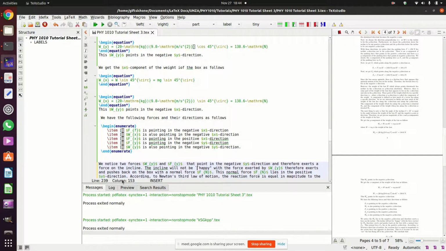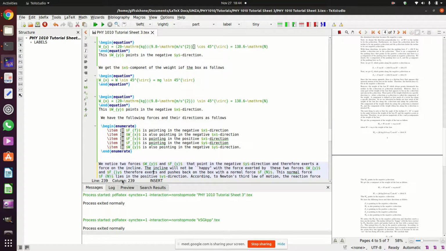The incline will not be happy with the force exerted by these two forces, Wy and Fy.